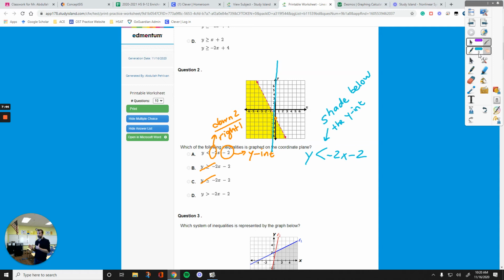That's your y. And if that number is going to be less than the line, it's going to be smaller than the line. So the line is right here, right there is your line. If you're going to shade below the y-intercept, you should shade over here, that area. All that area should be shaded like this.